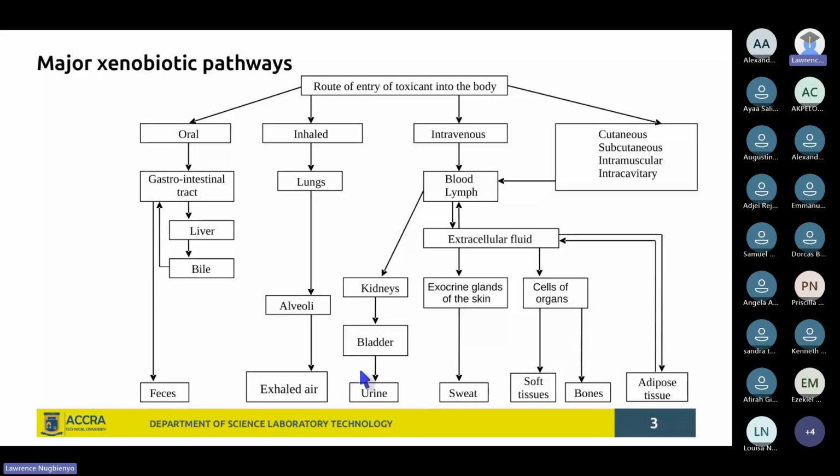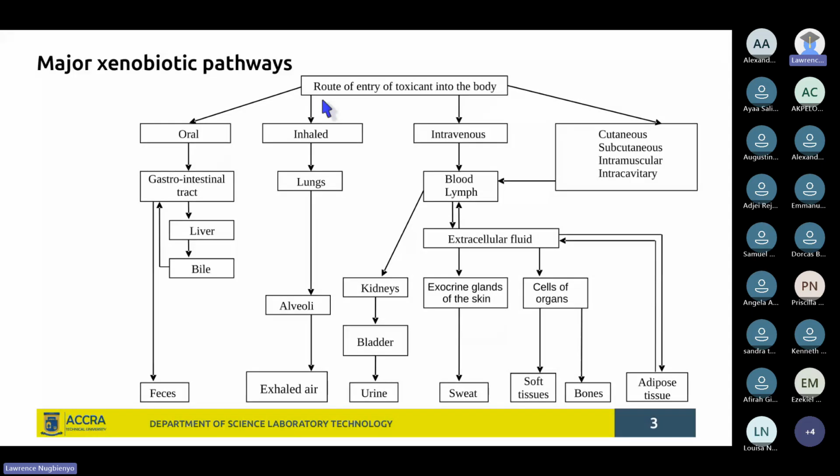Now, to take a general overview of the pathways of xenobiotics in the body. First of all, any xenobiotic will get into a biological system through a route of entry. A major route of entry of xenobiotics is oral entry.